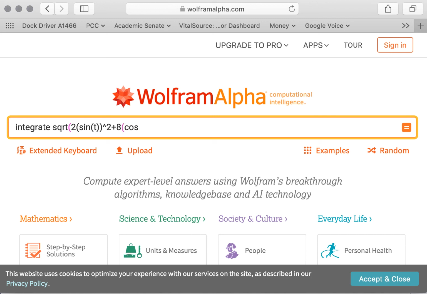So I've typed plus 8 times the cosine of, that open parenthesis is now in pink. And then the argument t I'm putting in parentheses as well. And that green is telling me, hey, these parentheses have now closed. Close the parenthesis for the cosine of t and now square that. And then minus 2 times the sine of 2t. End the parentheses for the square root.